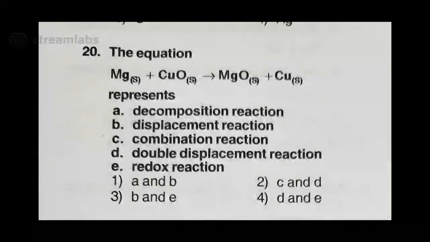So 5 options are given, and among the 5, 2 reactions are related to this equation. Which were those 2 equations? Which were the 2 reactions related to the equation? Think over it. What happens in the equation? You just go through that and finalize. Which were the 2 equations related to the equation?